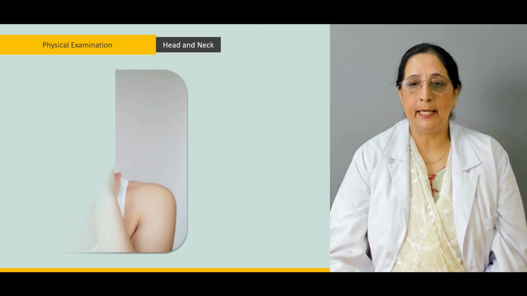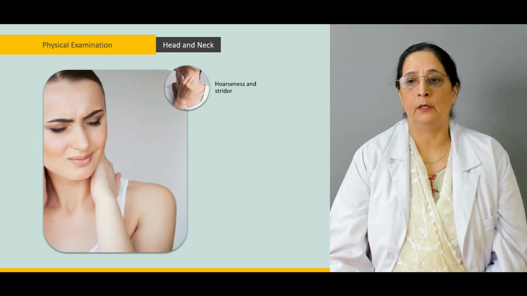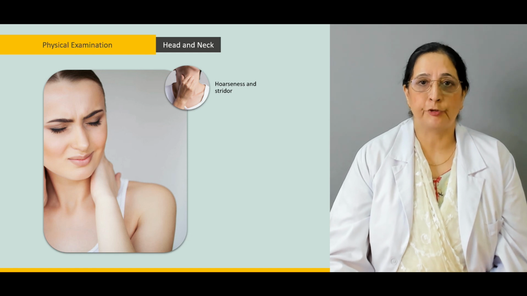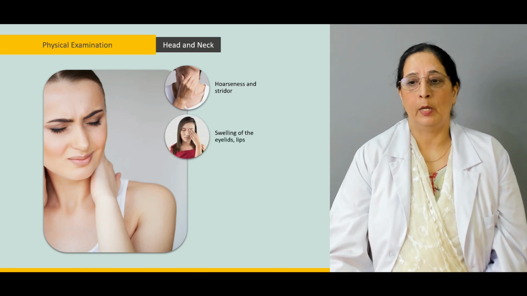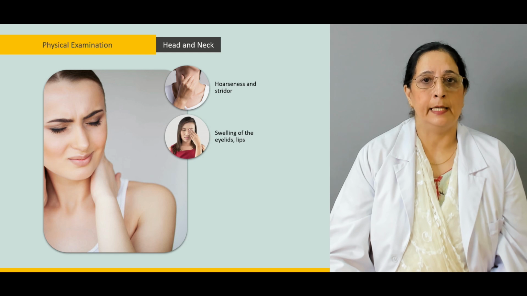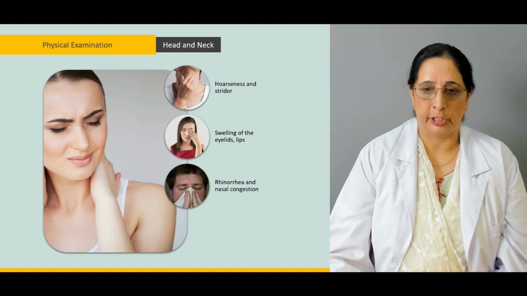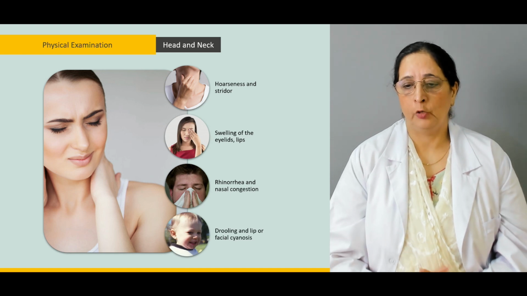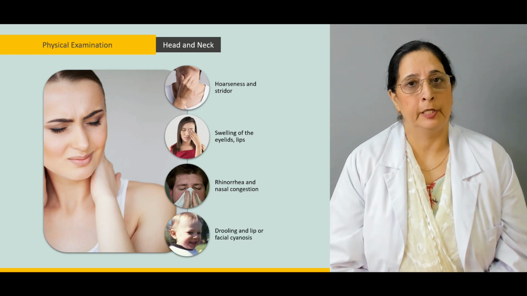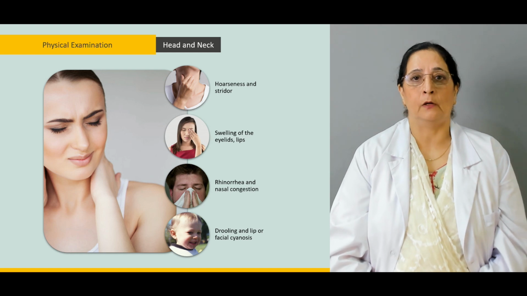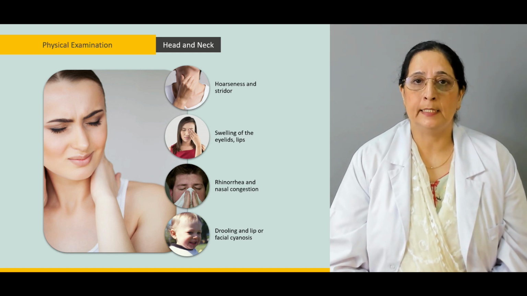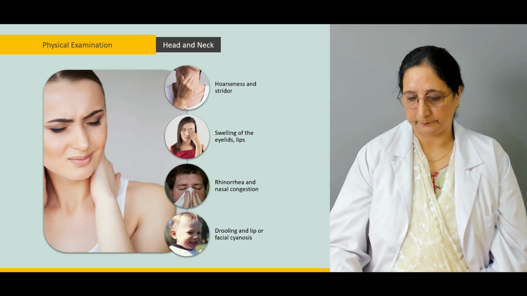Findings in the head and neck: we have hoarseness and stridor, swelling of the eyelids and lips, rhinorrhea and nasal congestion, and drooling and lip or facial cyanosis. So these are all the findings in the head and neck.